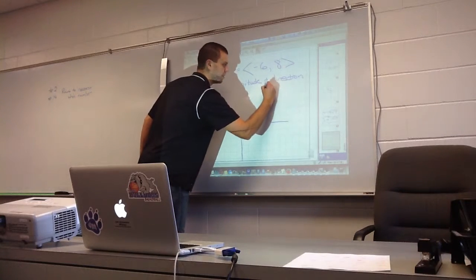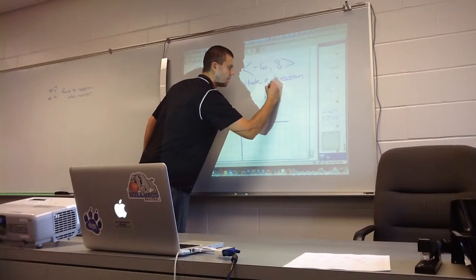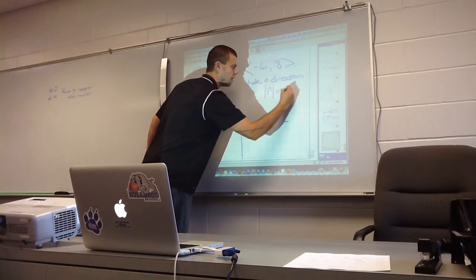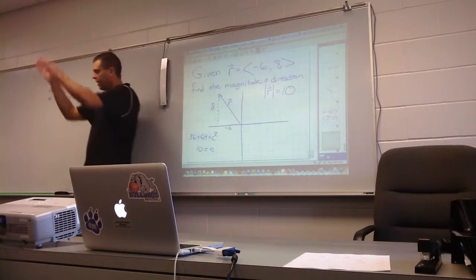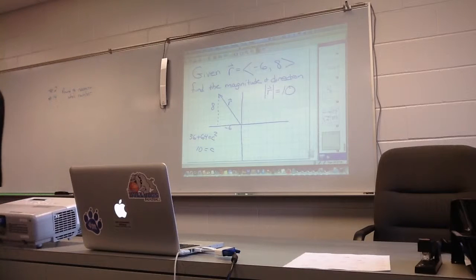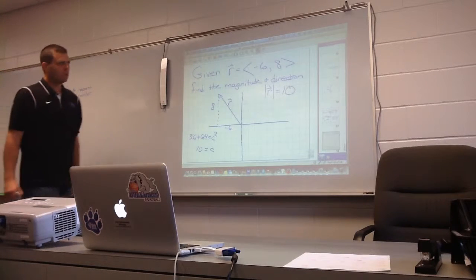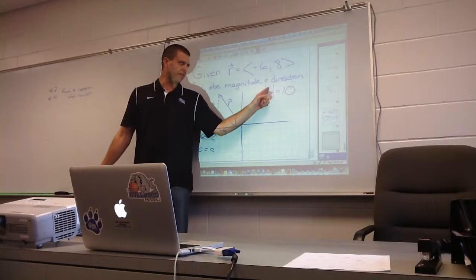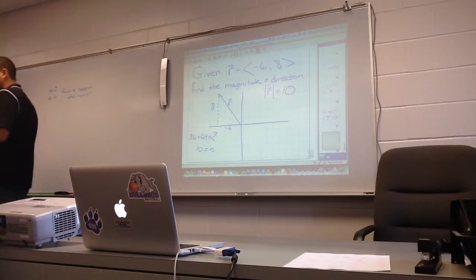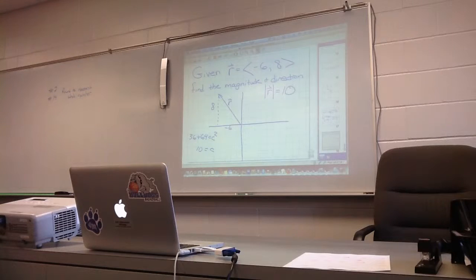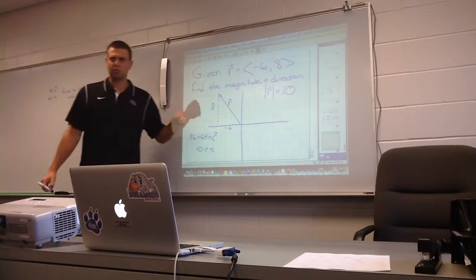I'm going to write that over here. That would be your correct notation for magnitude. Remember, magnitude, you can put it in absolute value bars. So the magnitude of vector r is 10. Now in a story problem, it'll have a label like miles per hour or newtons of force or whatever it might be. But I was doing it in general right here.